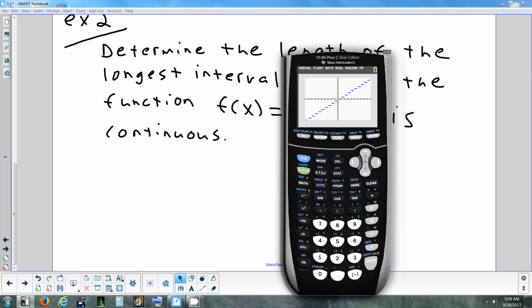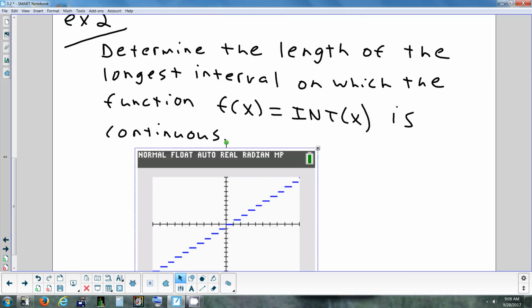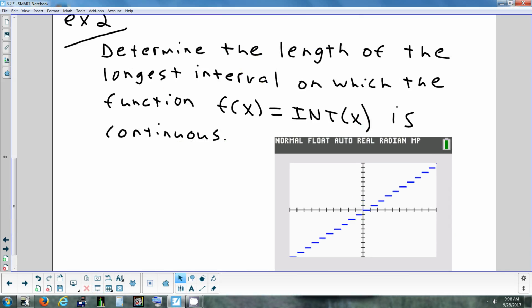And what would be the longest continuous interval that you could possibly come up with on that graph? Leo? It would just be one. 1 unit. 1 unit is the longest interval that is continuous on this graph.